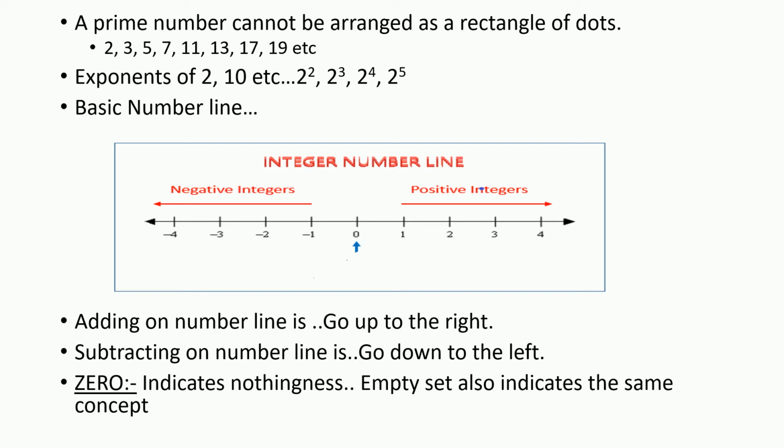Always one dot will be left out. So these are the examples of prime numbers. You take any number, it will always have 1 and itself as factors. You take 7. Only 1 and 7 can divide this 7. 1 into 7. This 17 is divisible by 1 and itself.